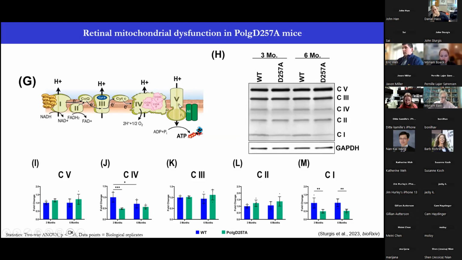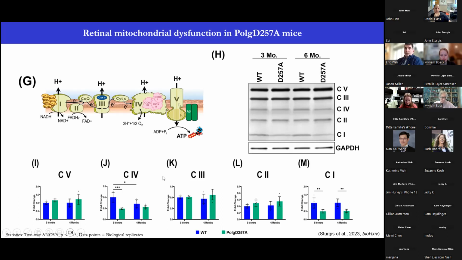And so this is really great because if you remember back to the background slides where I was going over the encoded mitochondrial subunits, complex 1 has the most encoded mitochondrial subunits, with 7 being encoded by mitochondrial DNA. And then complex 4 has the second most, with 3 being encoded by mitochondrial DNA.